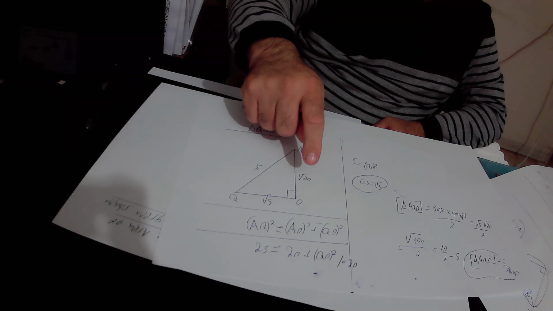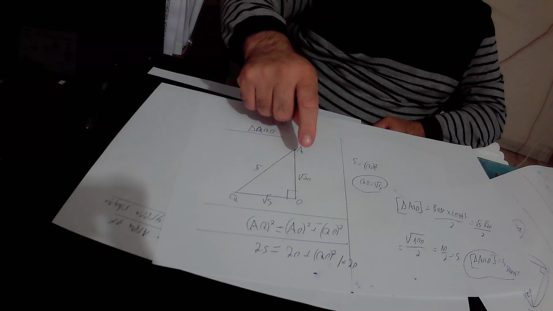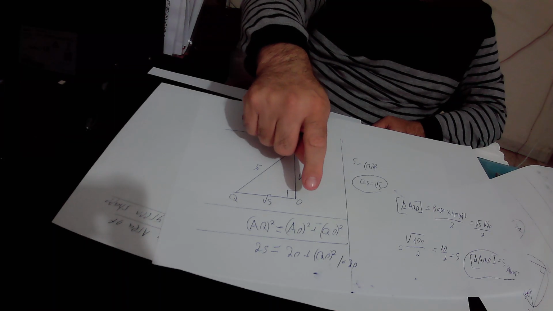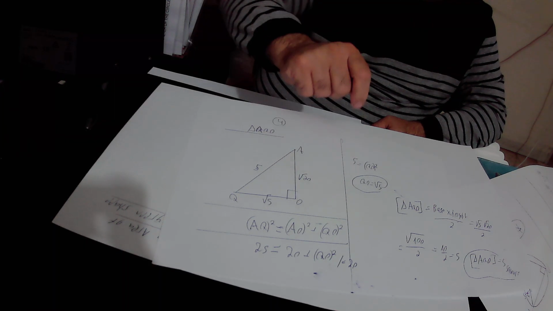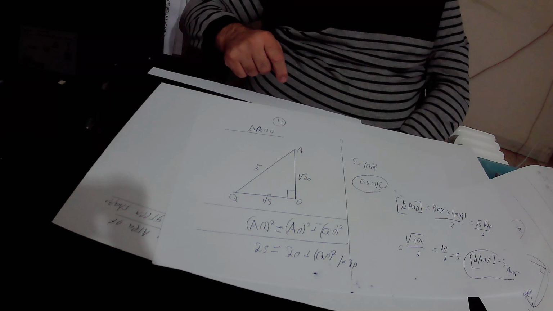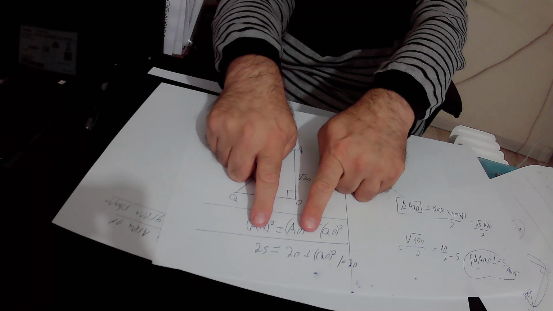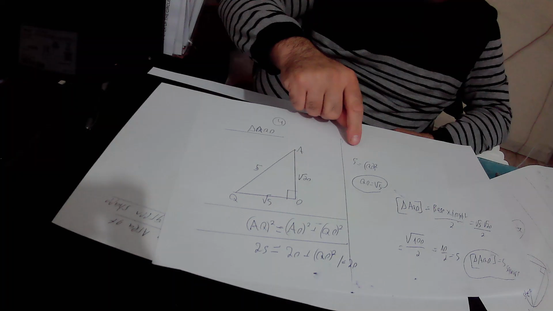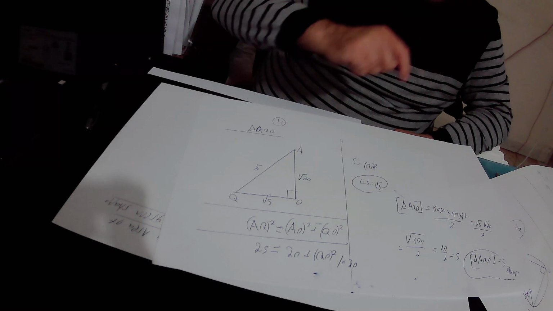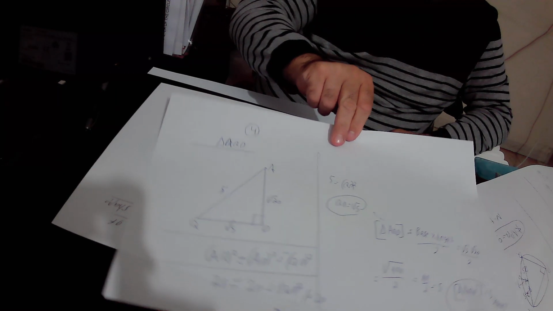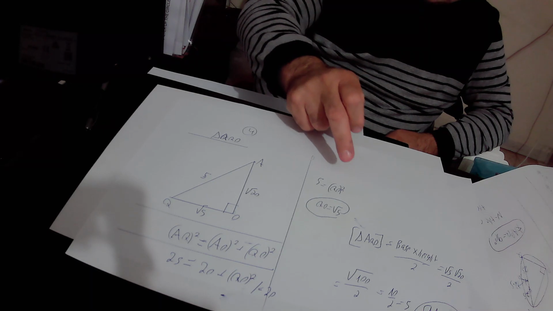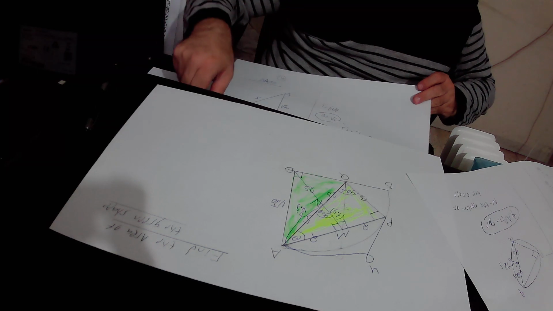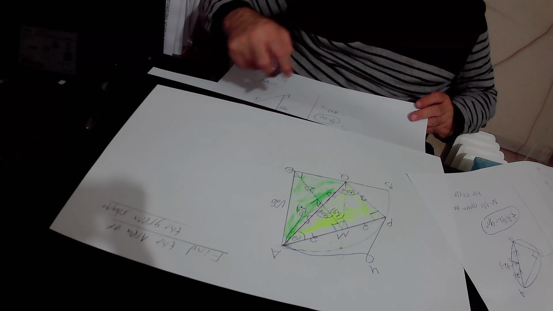AO equals the square root of 20 units, therefore AO square equals 20, plus OQ square. OQ is the missing side. So we subtracted 20 and found 25 minus 20 is 5, so 5 equals OQ square. Then we took the root and found that OQ equals the square root of 5 units.